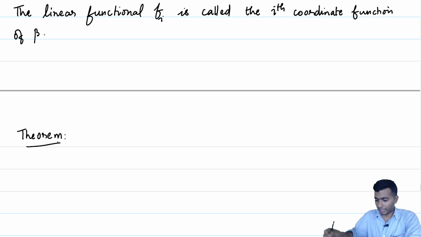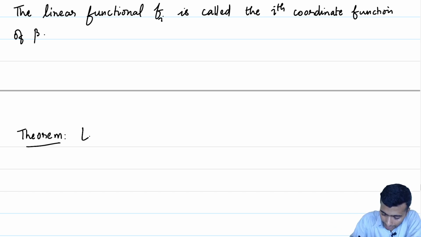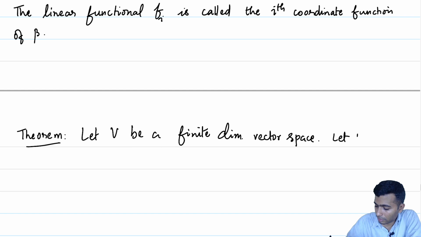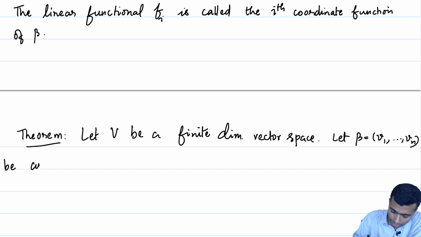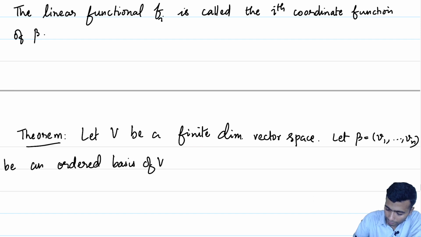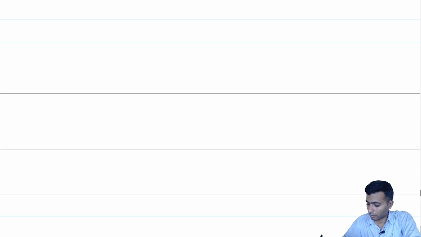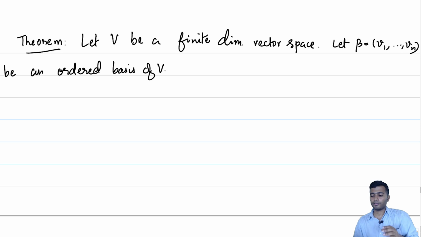So, let me just rework the entire setup so that it is completely clear. Let V be a finite dimensional vector space and suppose beta, V1 to Vn, is an ordered basis of V. Then for each Vi, for beta we have an ith coordinate vector.